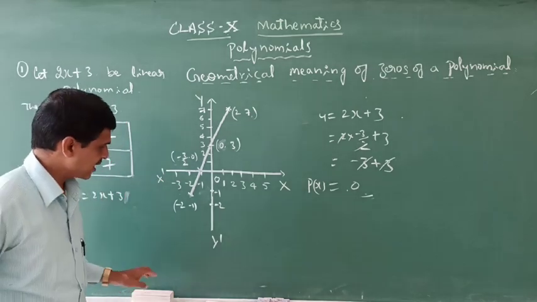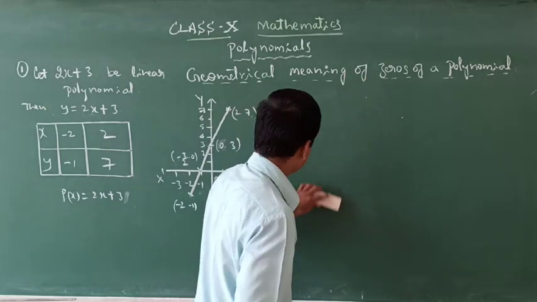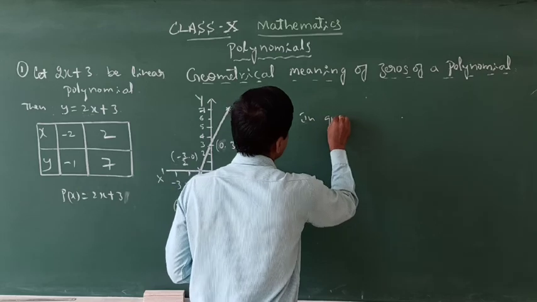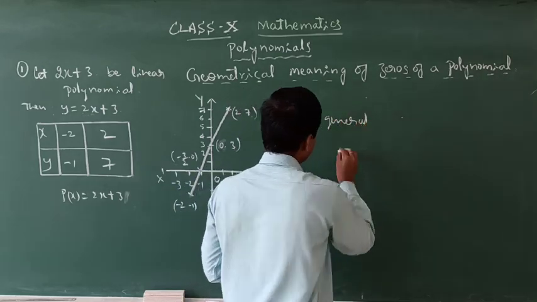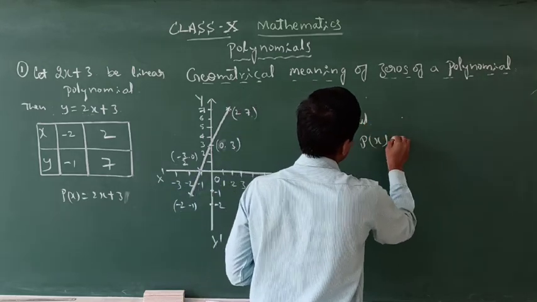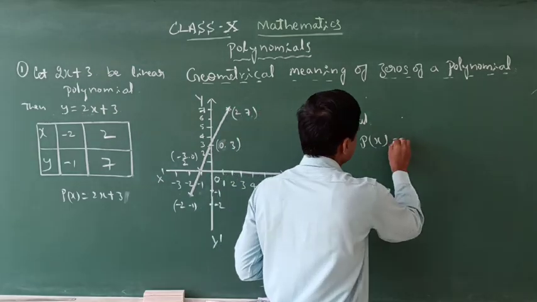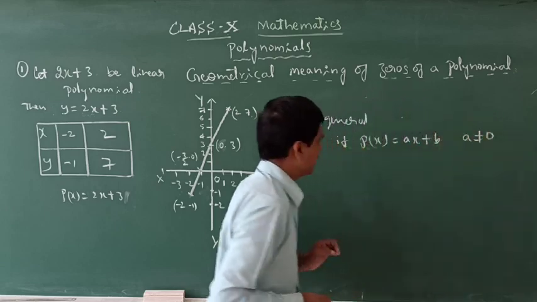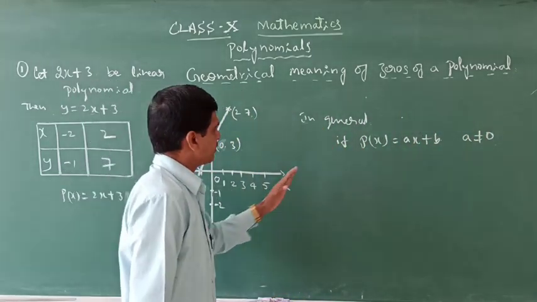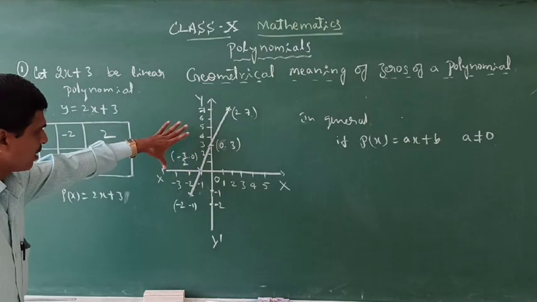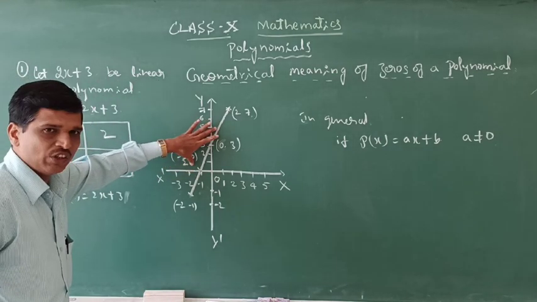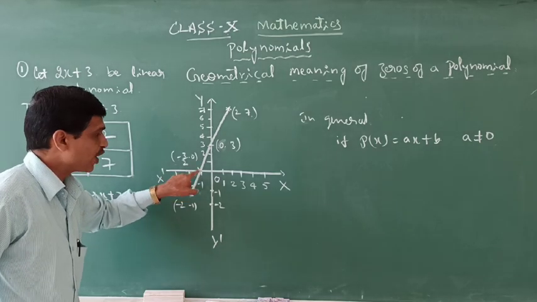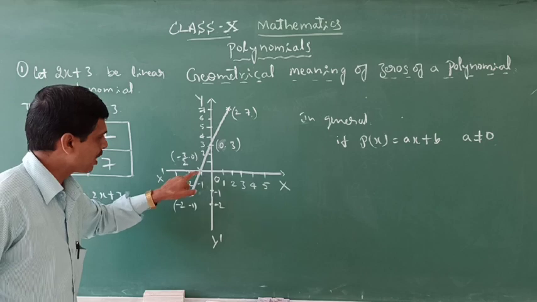Now let us consider another example also. Not only this one. So what happened for linear? In general you can say, if p of x is a polynomial, consider ax plus c, where a is not equal to 0, then the graphical representation intersects the x-axis where the polynomial becomes 0.